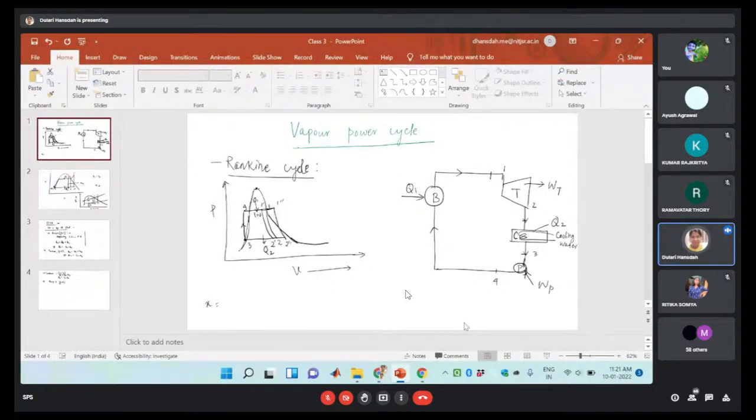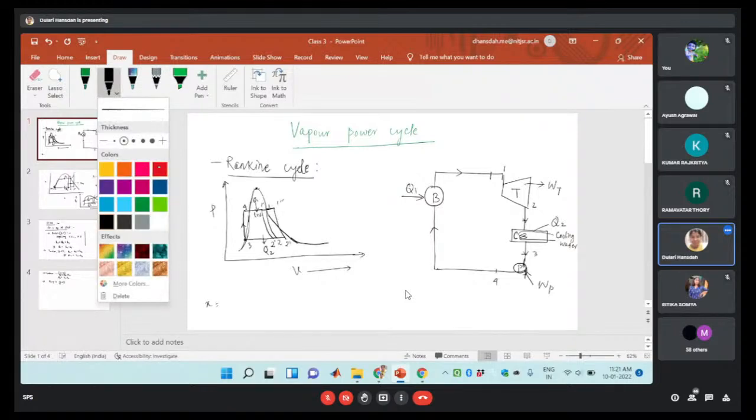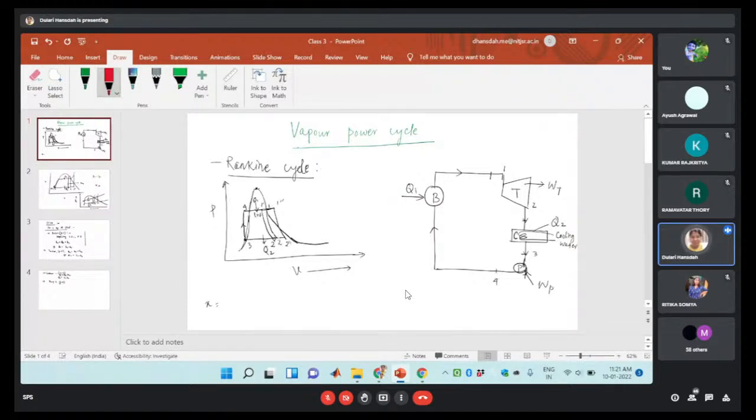In this case, if you observe, this one is the condition of the turbine outlet.